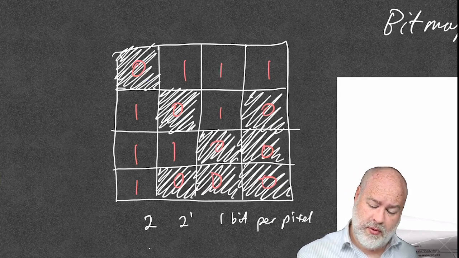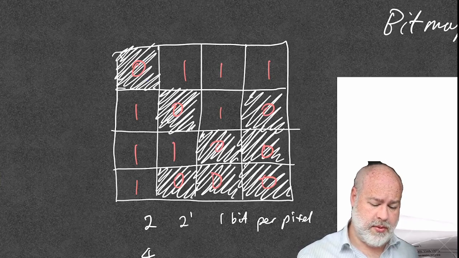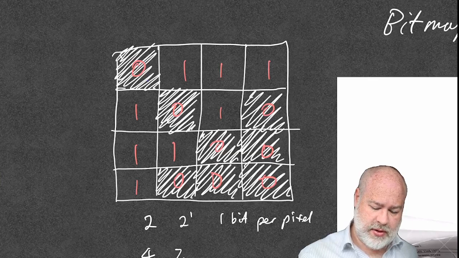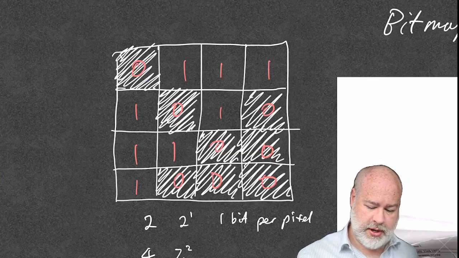If we wanted 4 colors though, we wanted to improve that, we wanted to have more colors, we'd have to have 2 to the power of 2, and we'd need 2 bits per pixel. So forth with 8, 2 times 2 times 2, and 16.